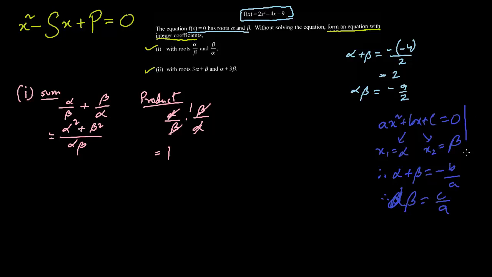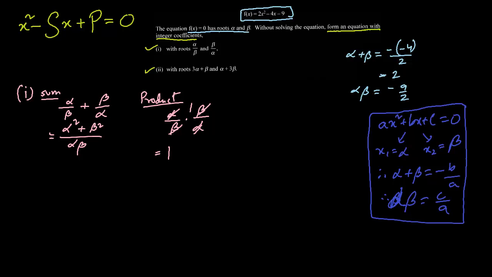This is the value that they would give at the beginning of every sum so that the algebra is simpler. So using that, alpha plus beta equals minus b by a. b is minus 4, so minus b means plus 4 divided by a, which is 2, so that gives 2, and alpha into beta is c by a. c is minus 9 divided by a.